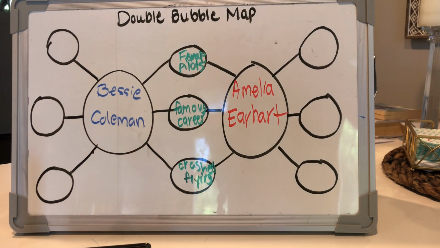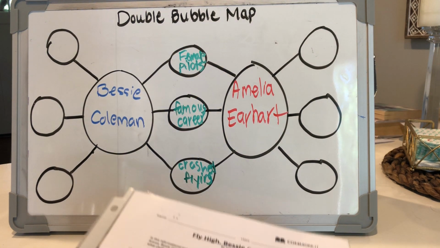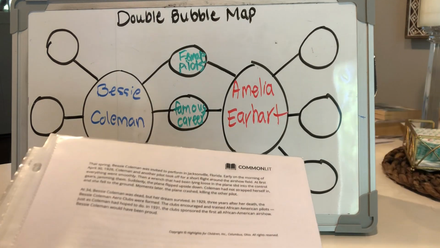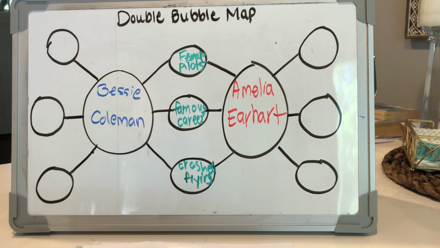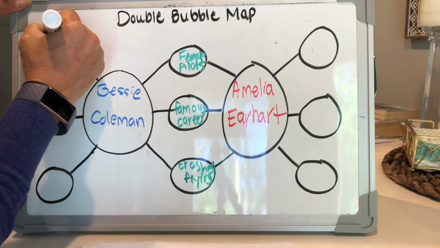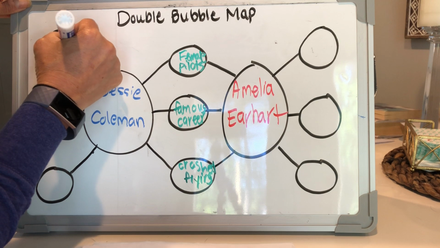All right, so now I'm going to come on over here with my blue about Bessie Coleman, and I am going to give my first fact about her. It did say that her mission in 1926, when she was flying in the Florida Air Show, was when the accident happened. So we're going to say 1926 accident.